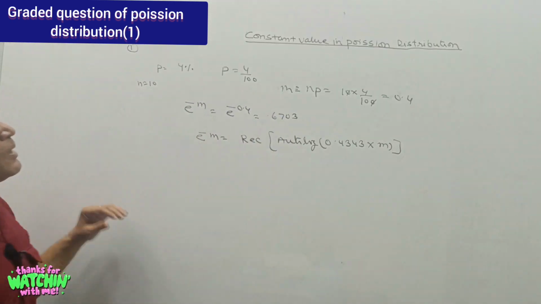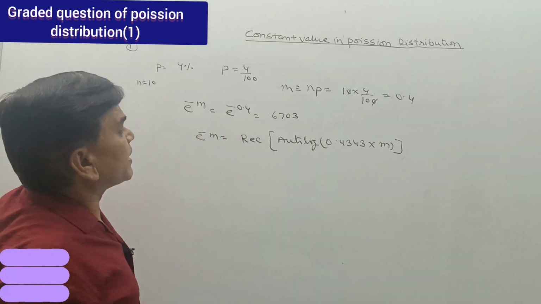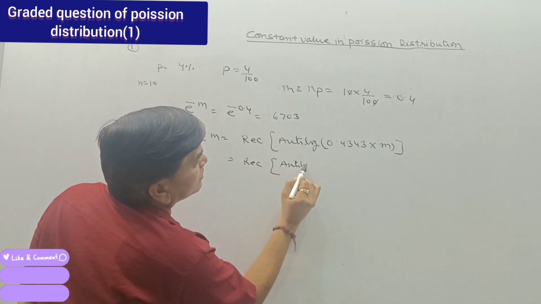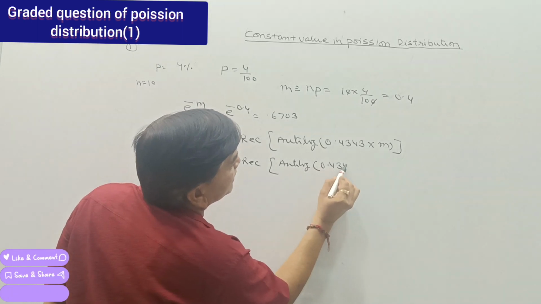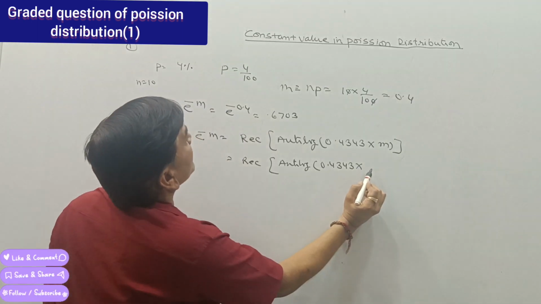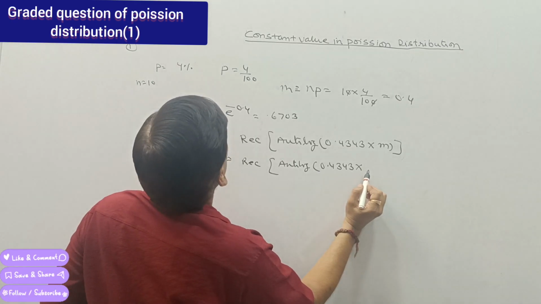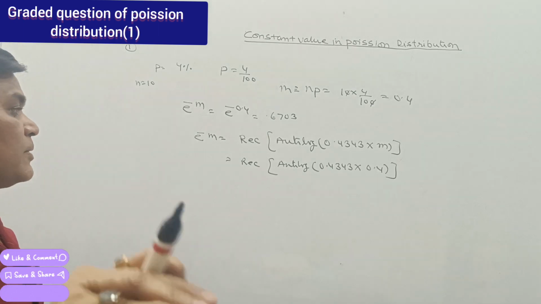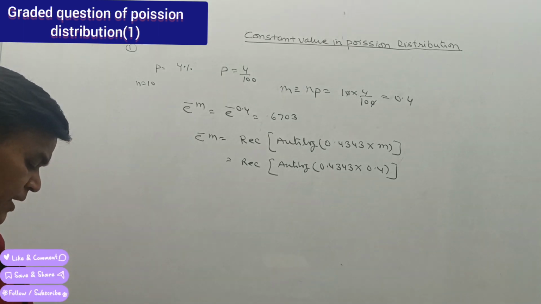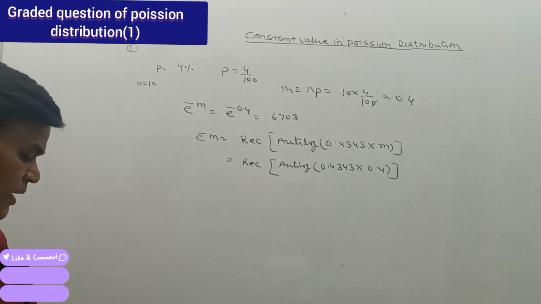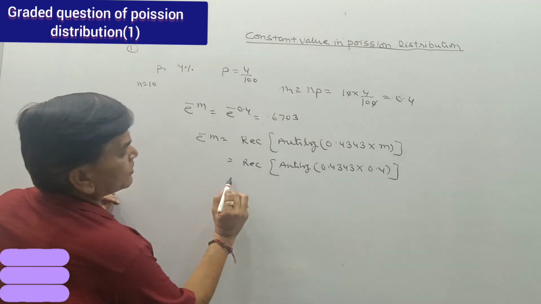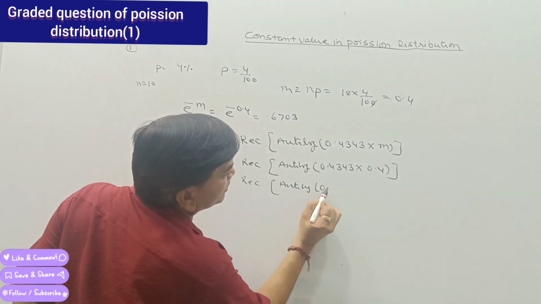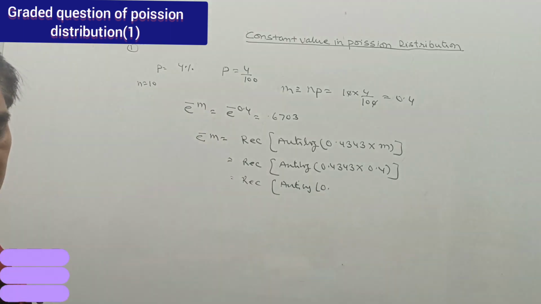With the help of this formula also we can calculate e raised to power minus 0.4. So that is the reciprocal antilog of 0.4343 multiplied by m, where m is 0.4. So we calculate 0.4343 multiplied by 0.4, that is 0.1737. So this is the reciprocal antilog of 0.1737.